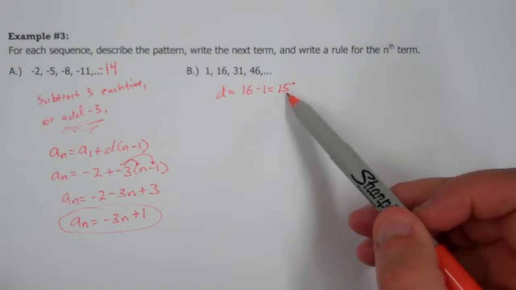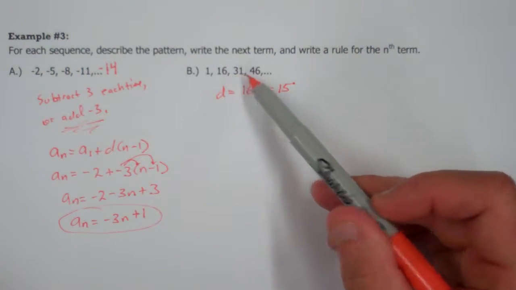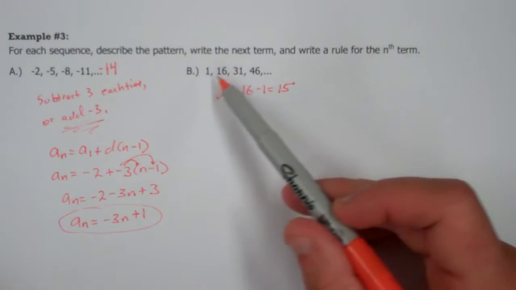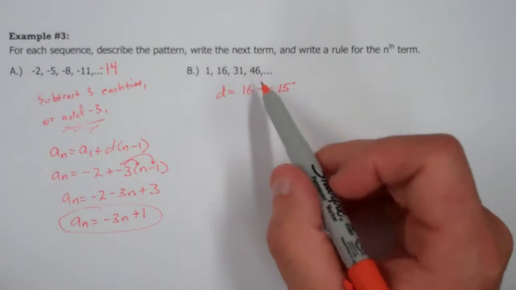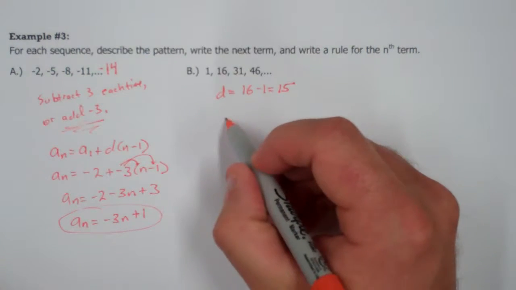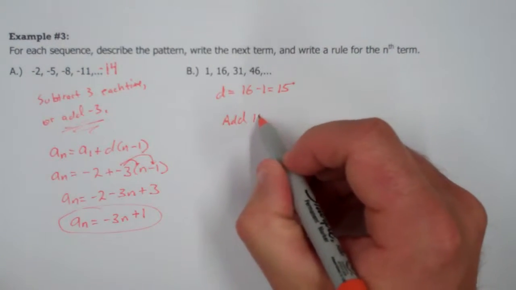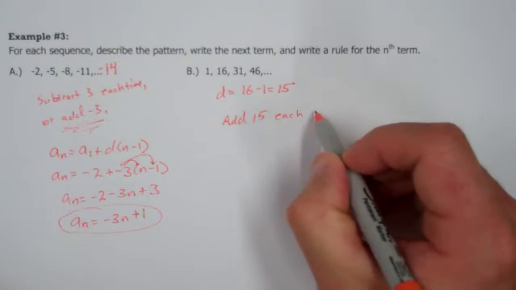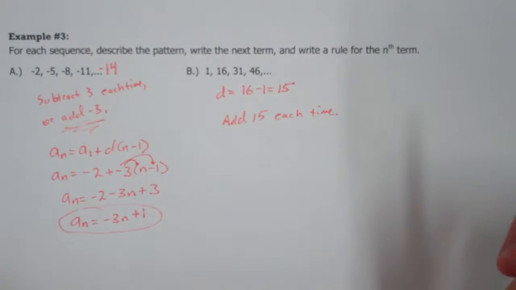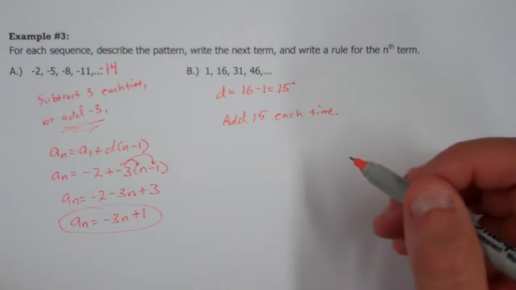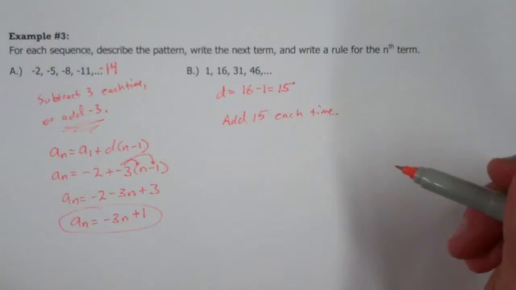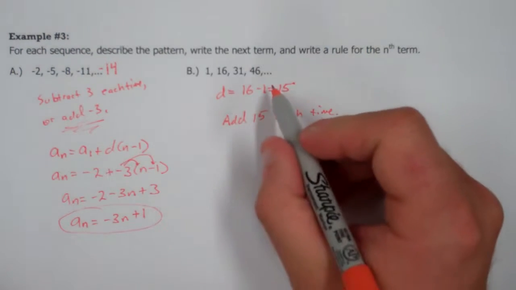But 16 plus 15 is 31. 31 plus 15 is 46, and so we are adding the same thing each time.